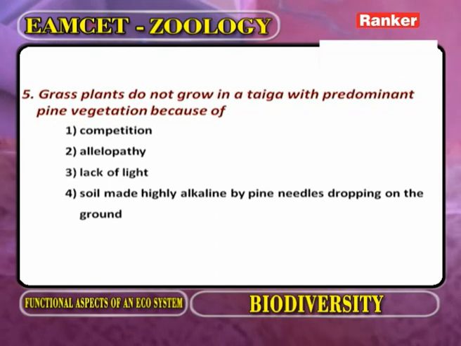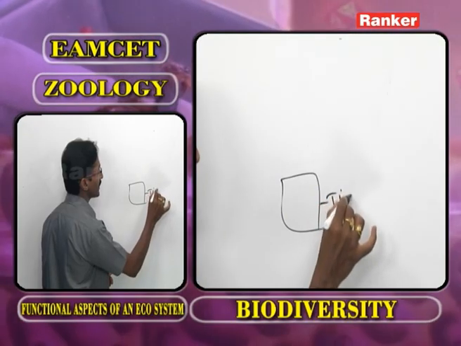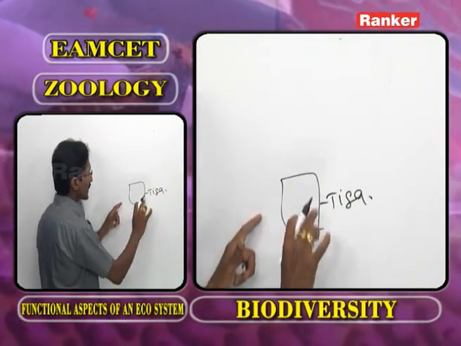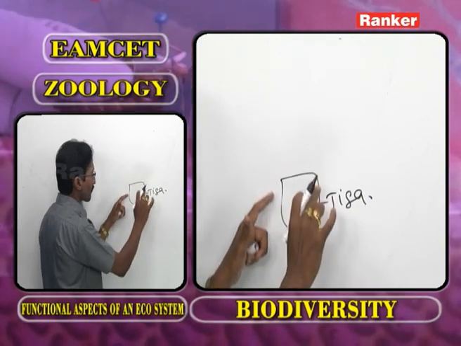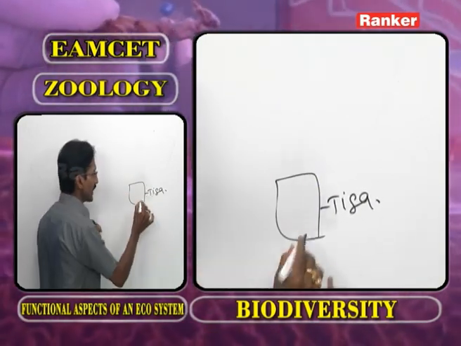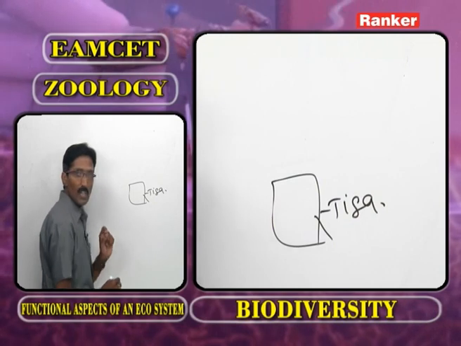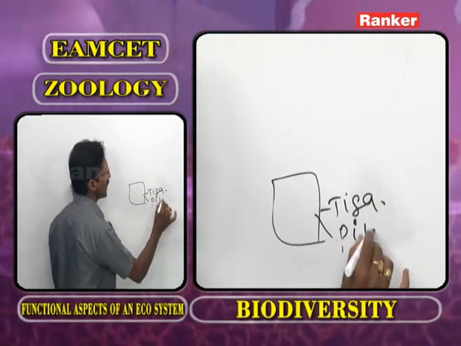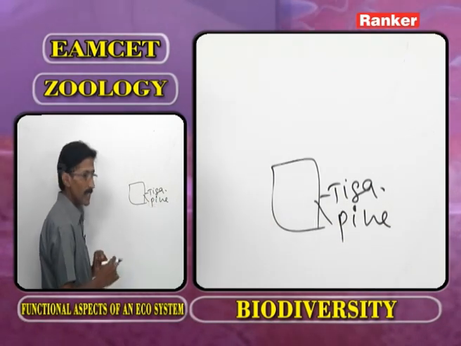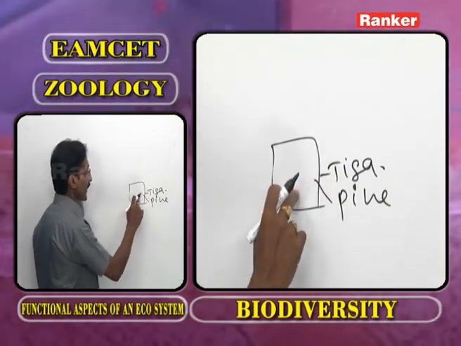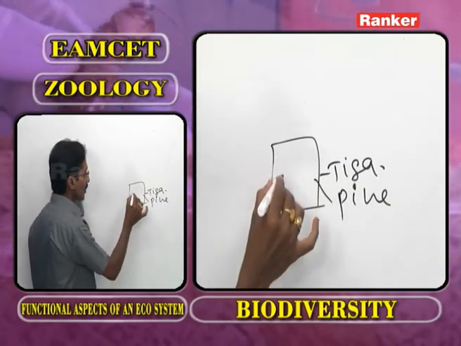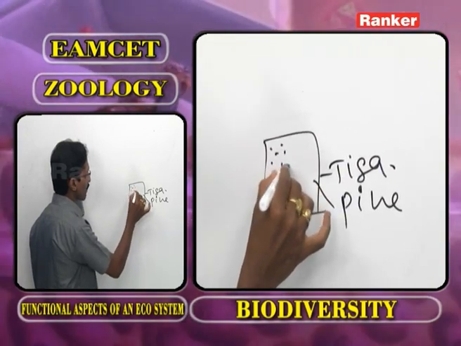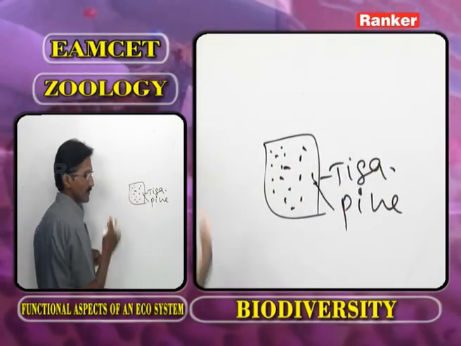Now this is an area that we call it as taiga. In this area, the coniferous plants are predominant. The place where pine trees are present. Now in this area, the pine trees are predominant.